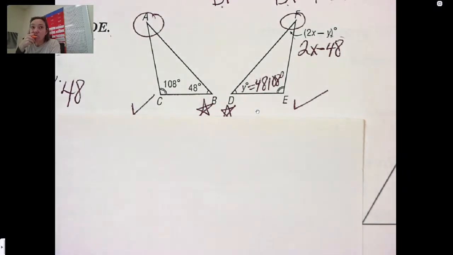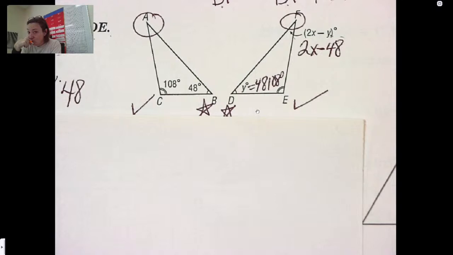Right? Okay, what else do we know? We know that A and F are the same, but we don't know A, so that's not doing us a whole lot of good, right? We do know it, that's true.